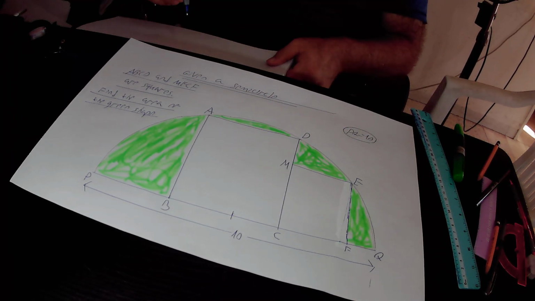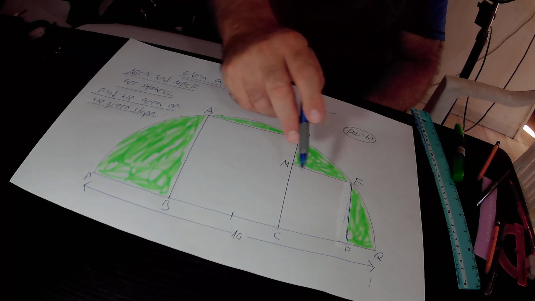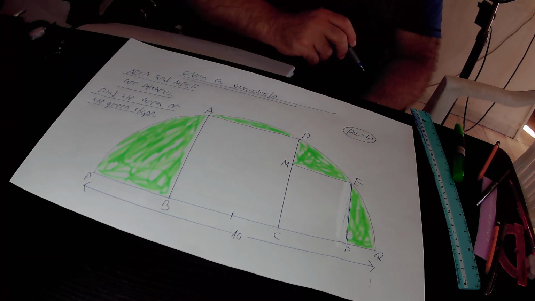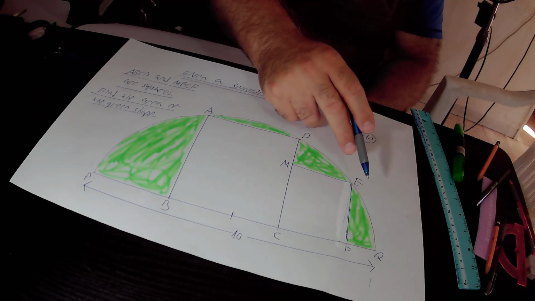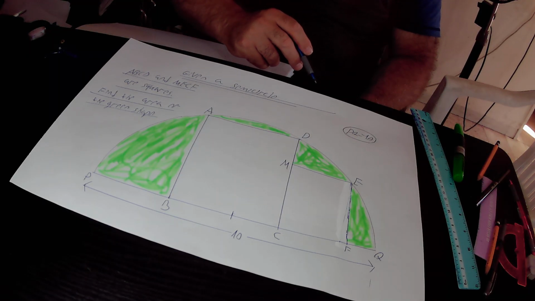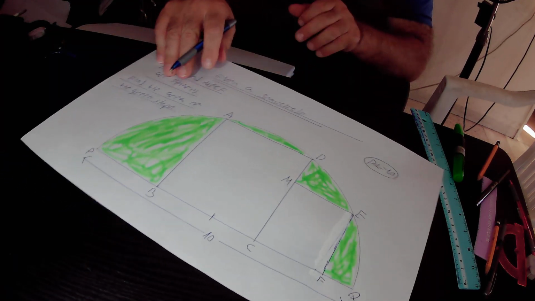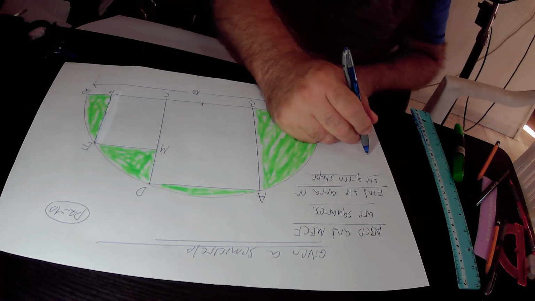So in the drawing, we have a semicircle. We know that PQ equals 10 units in its length. PQ is the diameter, that equals 10, and therefore the radius of this semicircle must be equal to 10 over 2, that is 5. So I write it down, the radius of this semicircle is equal to 5 units in its length.